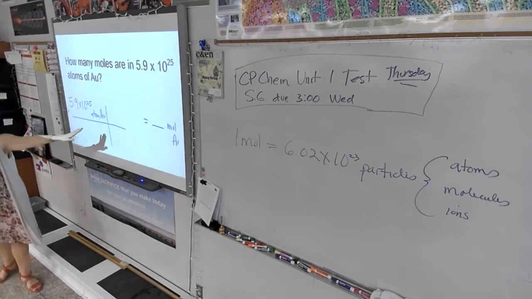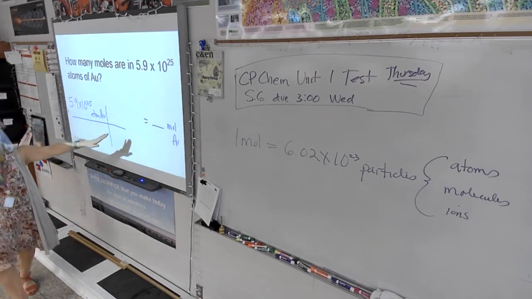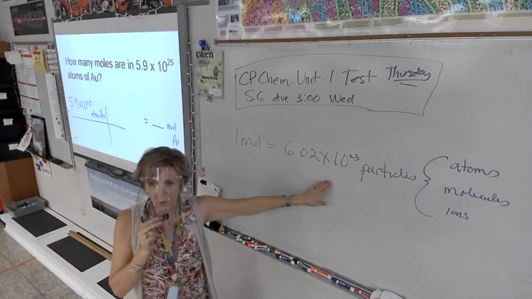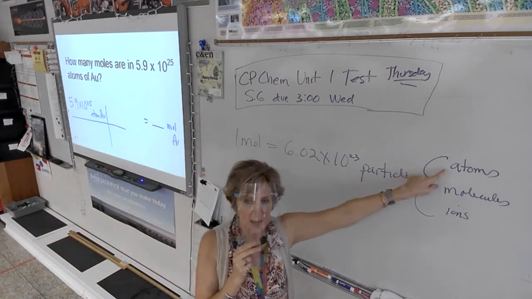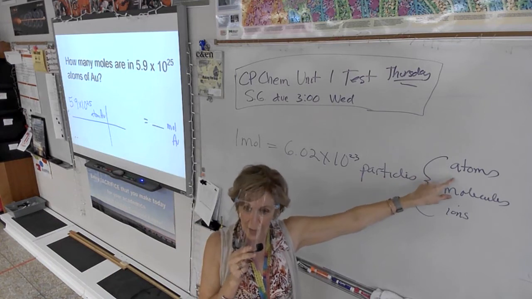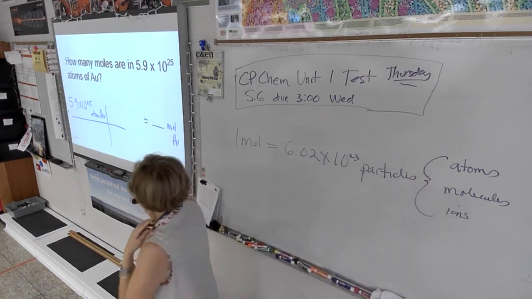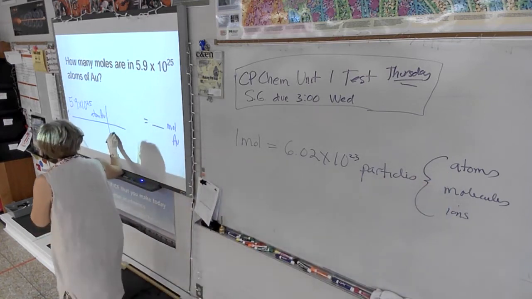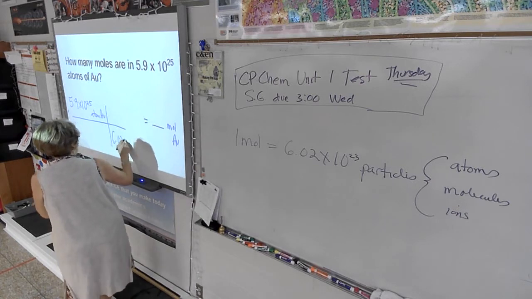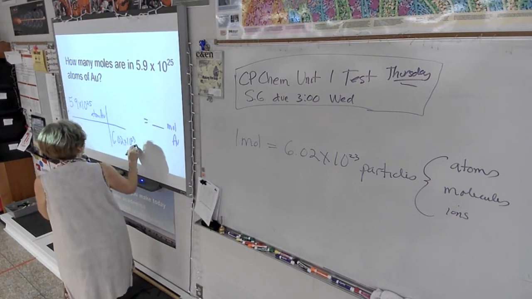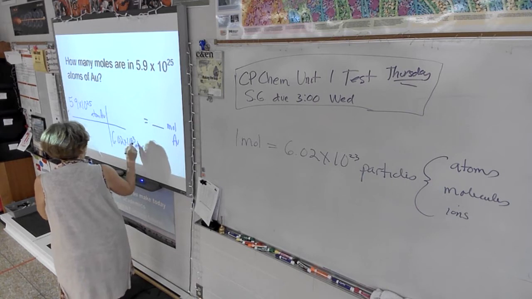And I'm going to set this up. The particle, guys, look. The particle that I'm talking about here is atoms. Remember, I can be counting atoms, molecules, or ions. So I'm going to put the 6.02 times 10 to the 23, in this case, atoms, on the bottom.